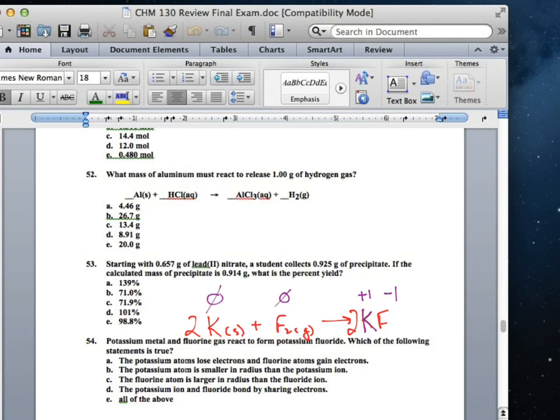You're looking at reactions, you're looking at atomic sizes. There's a lot of different things being asked in these true-false questions, so it's one you have to be careful with. Potassium atom is smaller in radius than the potassium ion. What happened to potassium? It lost electrons, which means what happened to its size? It shrunk. Potassium ion is smaller than potassium atom. Is this statement true?